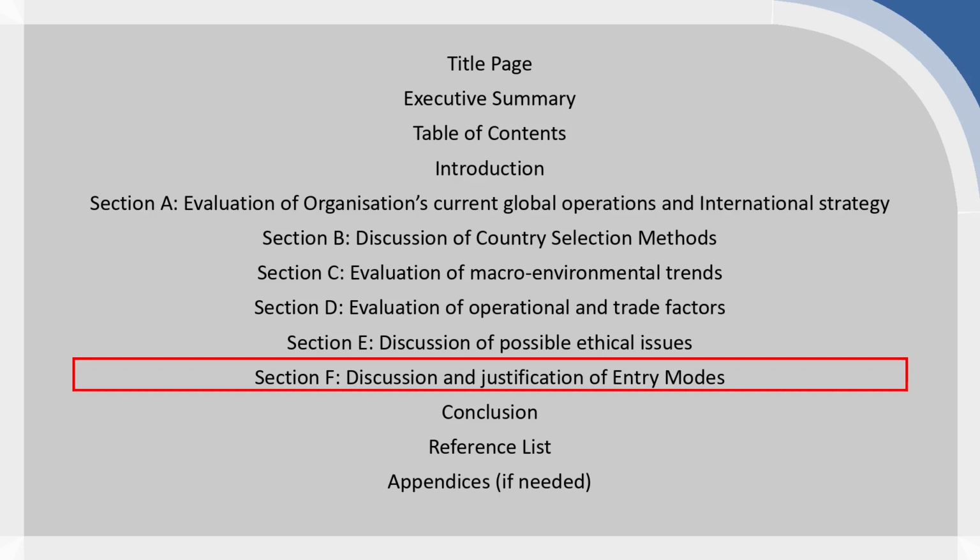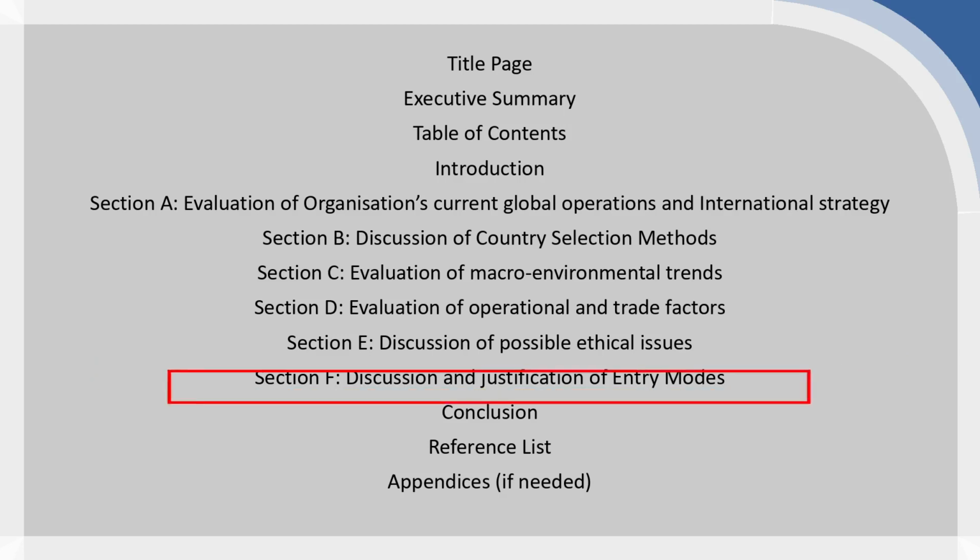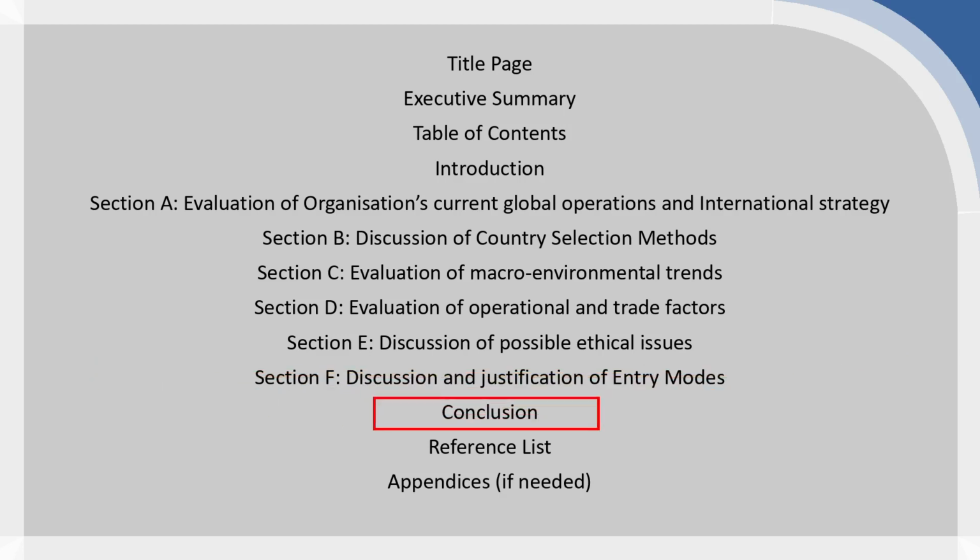You should have taken a look at any possible ethical issues in operating in your recommended market, as well as a thorough justification of a particular entry mode to use. Then what you need to do in your next section, your conclusion, is to essentially highlight the key points of your argument, to summarize and then conclude your report.